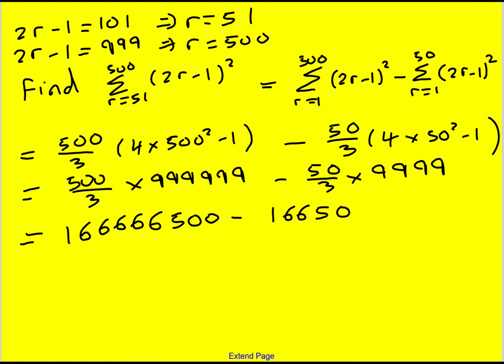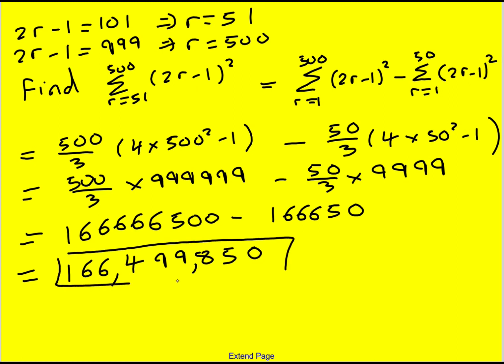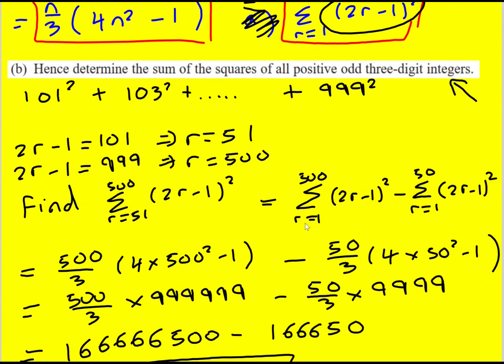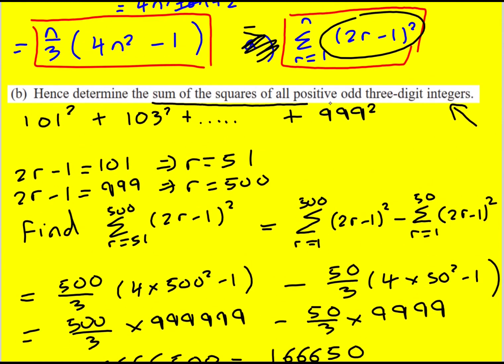Oh, sorry, no, there's 3 sixes, sorry. Okay, and ultimately that gives an answer of 166,499,850. 166,499,850 is the sum of the squares of all positive odd three-digit integers.